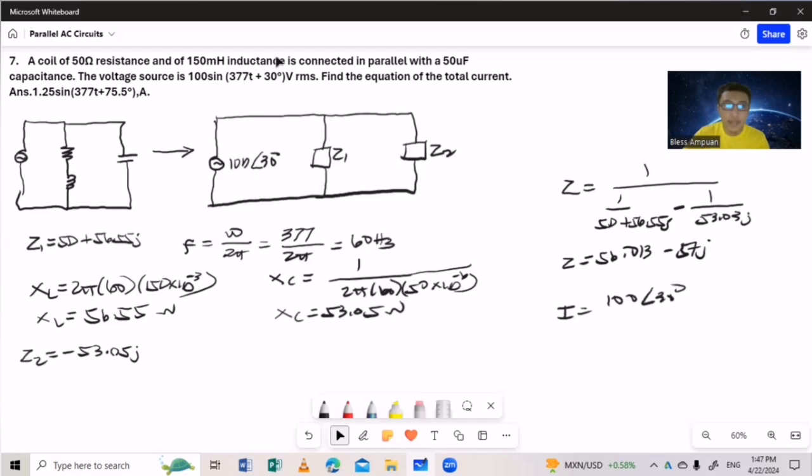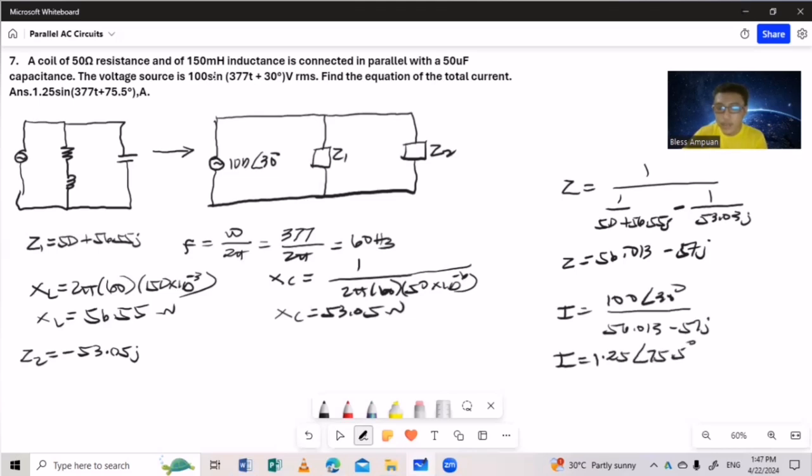Okay, to get the current, this is equal to our supply voltage, which is 100 at 30 degrees, based on the source equation given in the problem, over our total impedance, 56.013 minus J57. So our total current is 1.25 at 75.5 degrees.